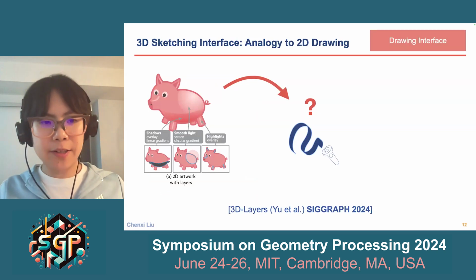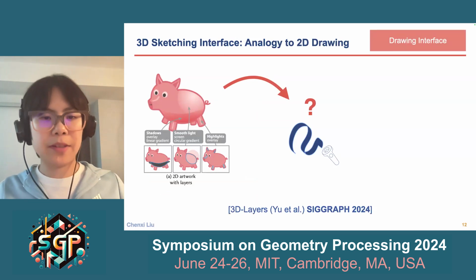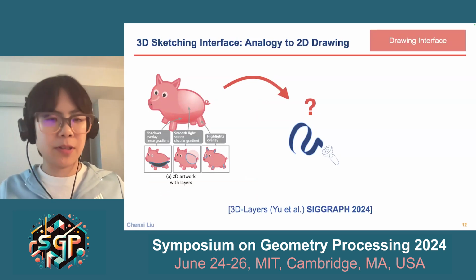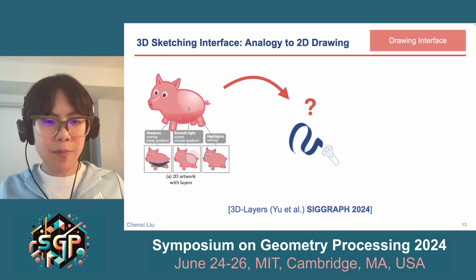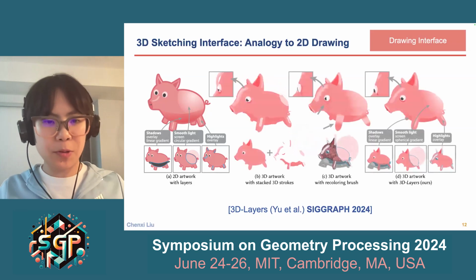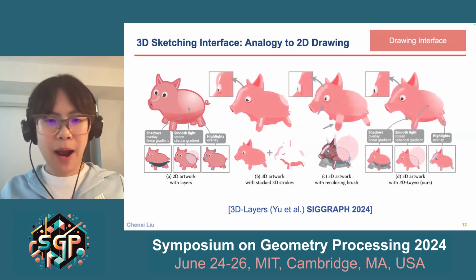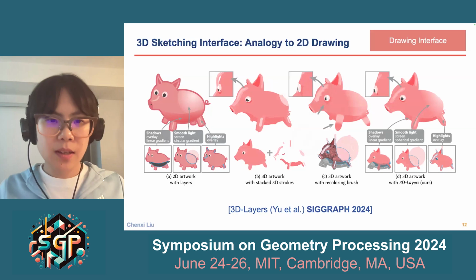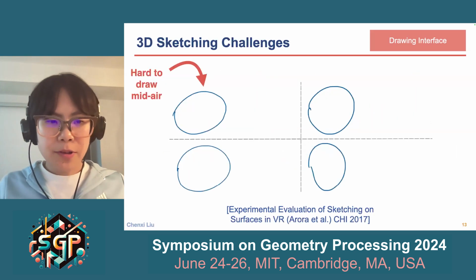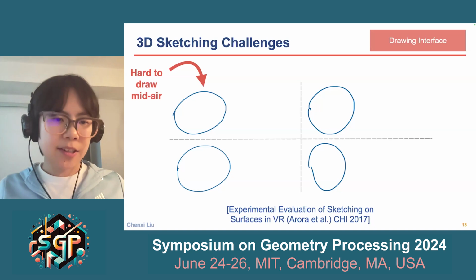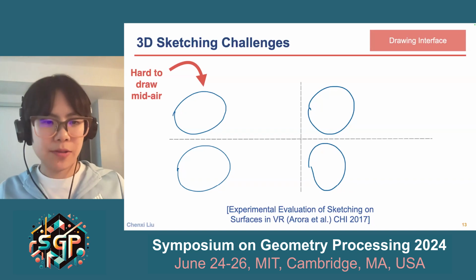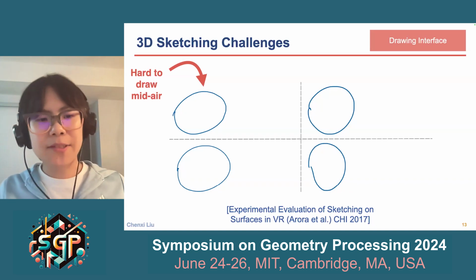And that's why we have more open questions to solve. For example, layers are pretty common for 2D painting scenarios, but they are not supported in any of the software we saw in the previous slide. And this is a new SIGGRAPH paper, and they propose to have the layering mechanism, but for 3D. So apart from transferring 2D software features to 3D, 3D sketching also faces many fundamental issues. First, it's really hard to draw midair.